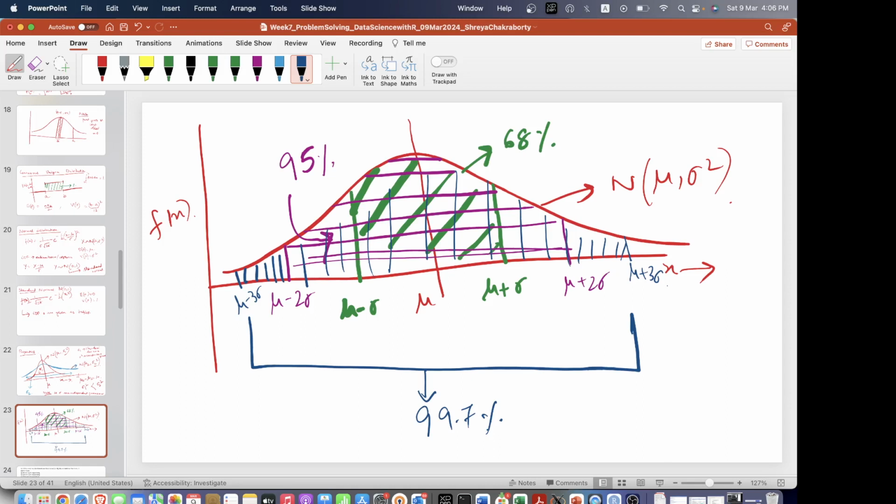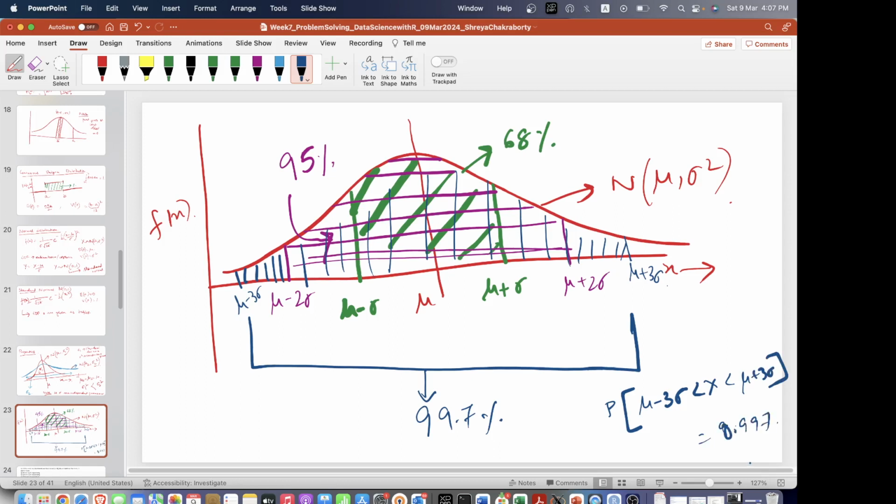Okay, this is something which you should remember. So if I have to write it down, probability mu minus 3 sigma less than x less than mu plus 3 sigma is equal to 0.997. Okay, similarly probability mu minus sigma less than x less than mu plus sigma is approximately 0.68.